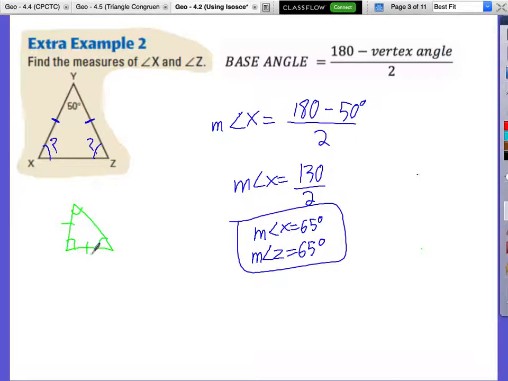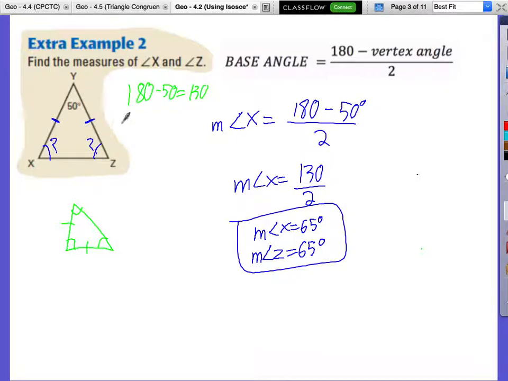So, what do all three angles of a triangle add up to, class? 180. Okay, if we take away 50, we figure out what these two add up to, right? If all three add up to 180, we take away this, and we figure out what these two add up to. So these two are going to add up to 130.